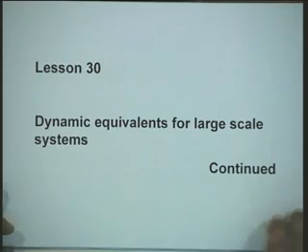Friends, we shall continue with the study of dynamic equivalents of large scale systems. So far we have studied the basic concepts of dynamic equivalencing, and also we have learned about an algorithm which can be used for identifying the coherent group of generators.